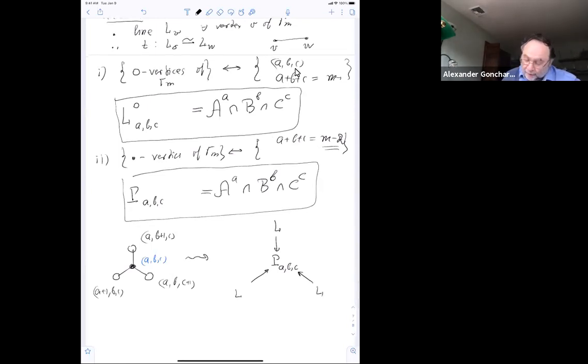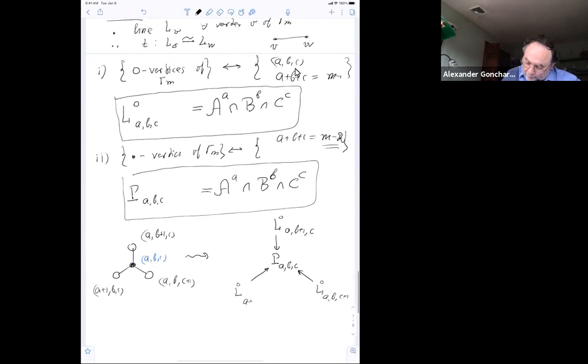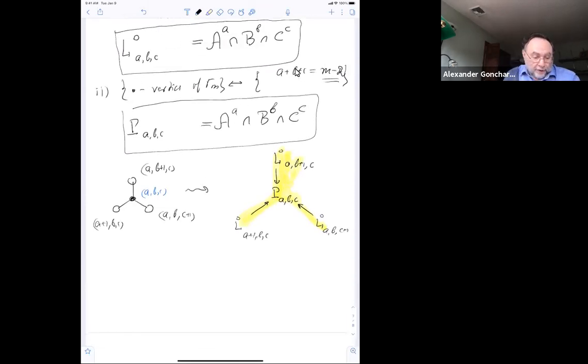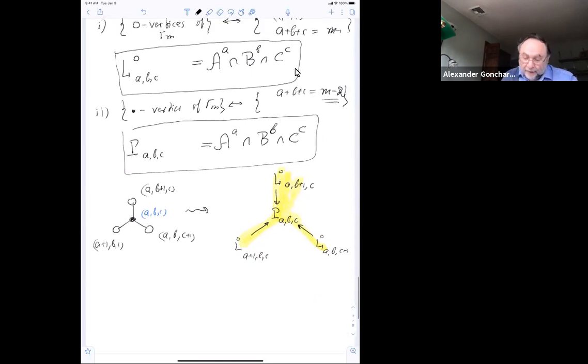It's very clear what the lines are: they correspond to the 3 white vertices, and I can label them A, B plus 1, C, or A, B, C plus 1, or A plus 1, B, C. And so we get the following diagram: a plane and 3 lines. How do we get this diagram? In order to get one of the embeddings, for example this one, we have to notice that A plus 1 sits inside of A sub A, and that's how this embedding is induced.